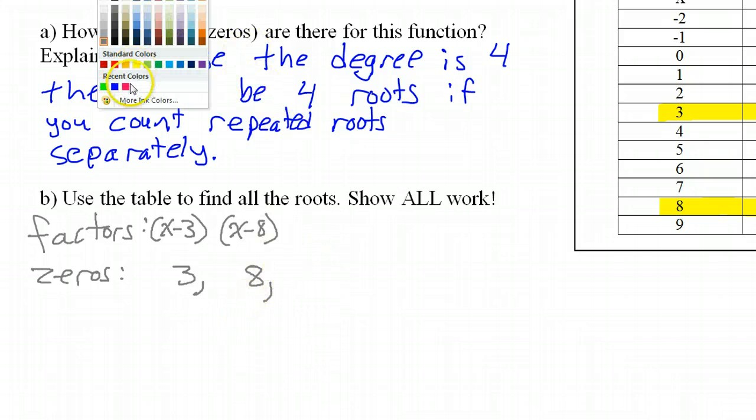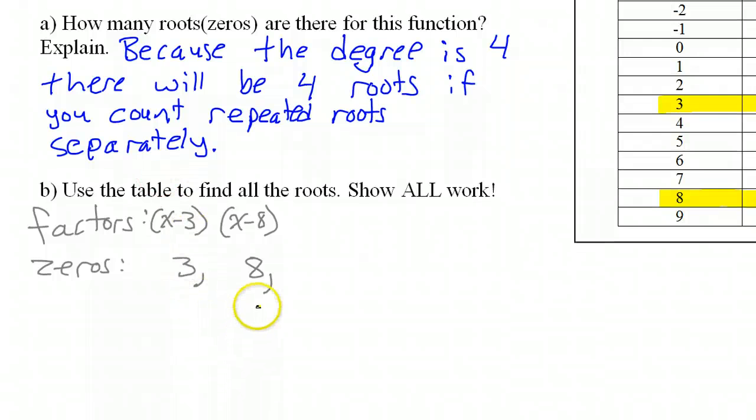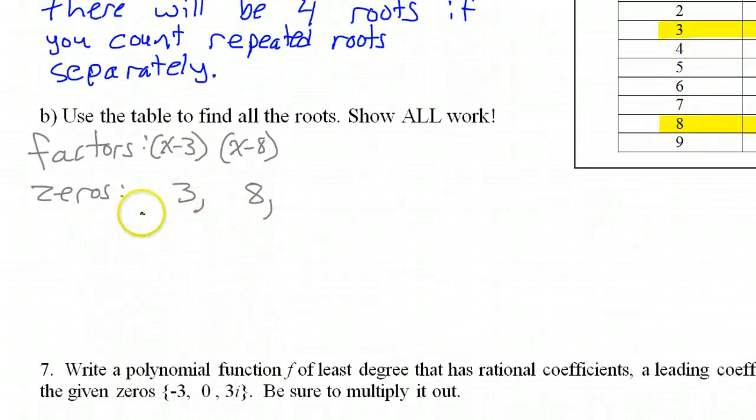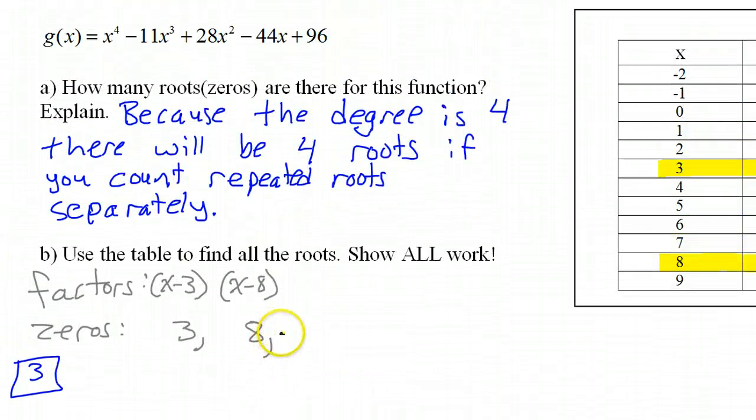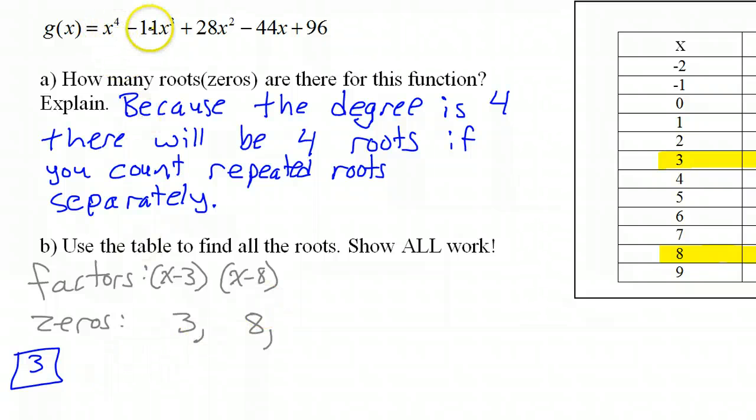I'm going to use synthetic division, starting with the 3. Let's see, what do we have here? 1, negative 11, 28, negative 44, and 96.